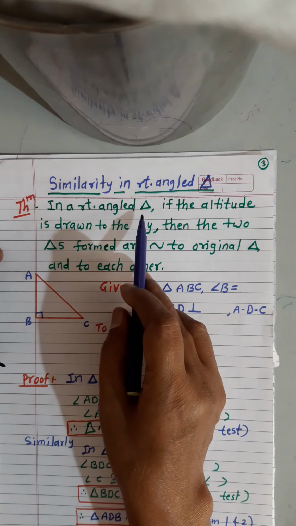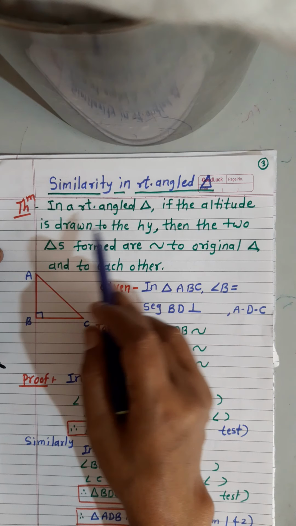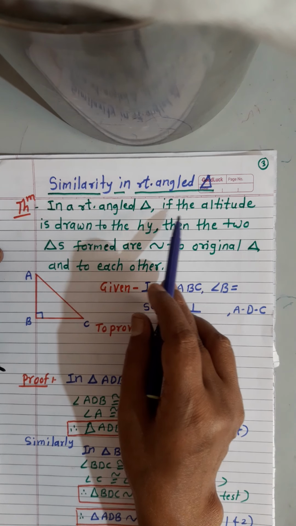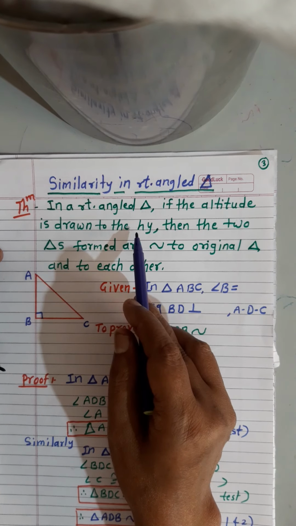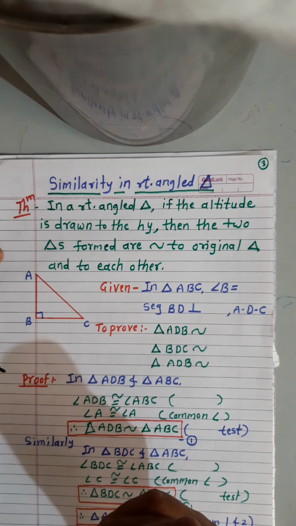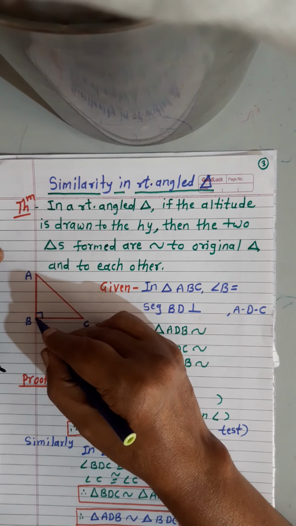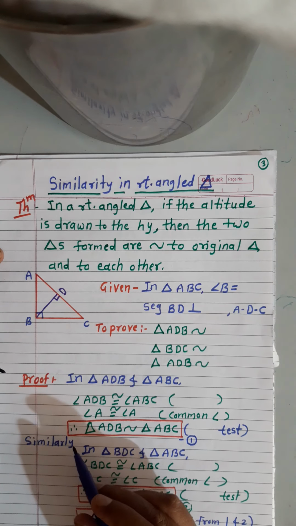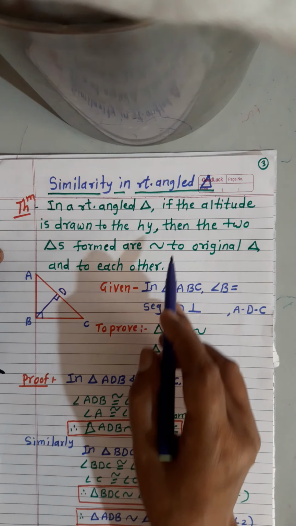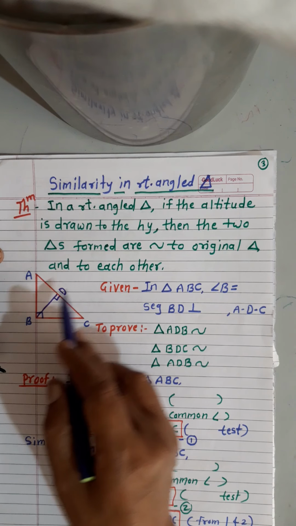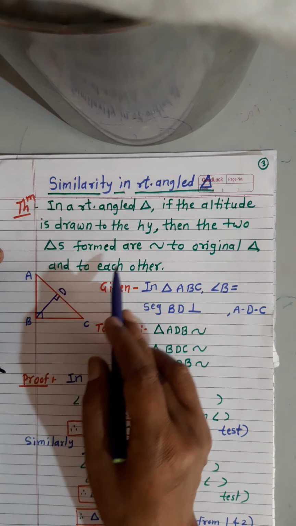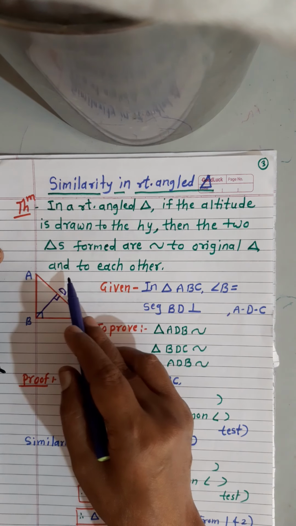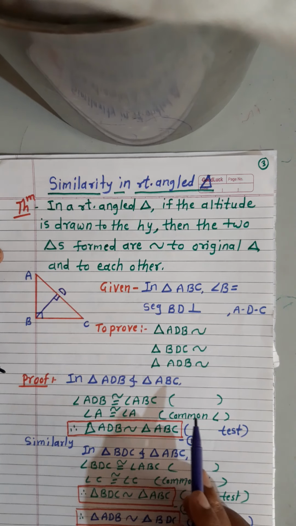In the right angled triangle, if the altitude is drawn to the hypotenuse, altitude means perpendicular drawn to the hypotenuse, then the two triangles that are formed are similar to the original triangle and to each other.